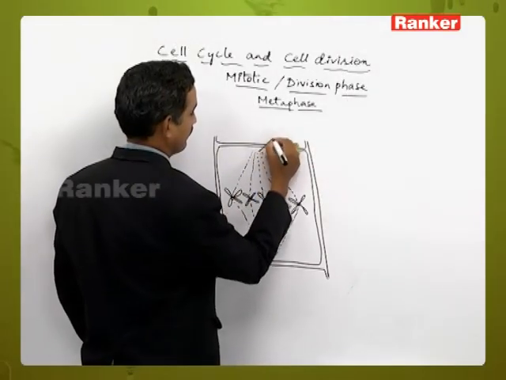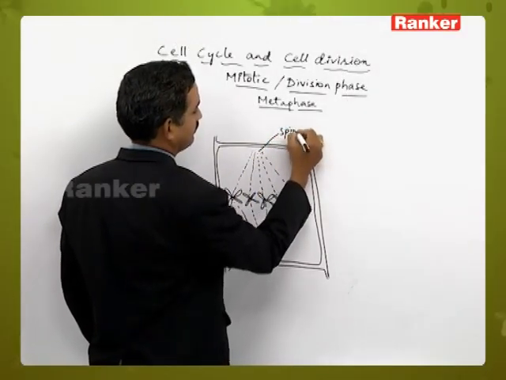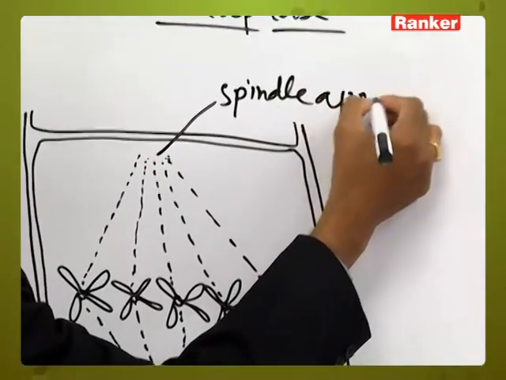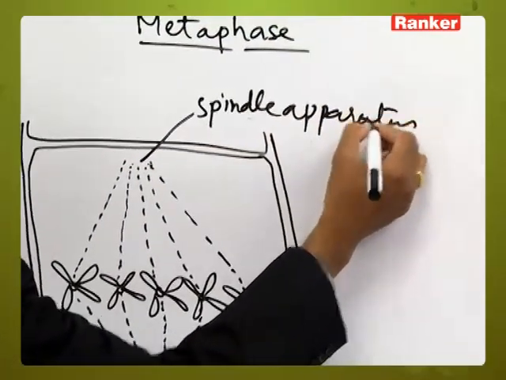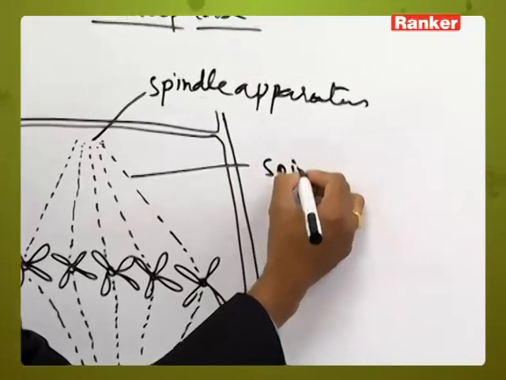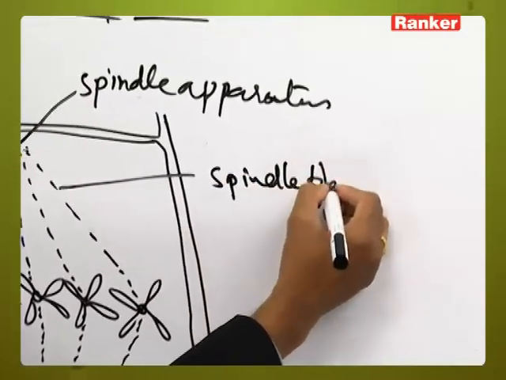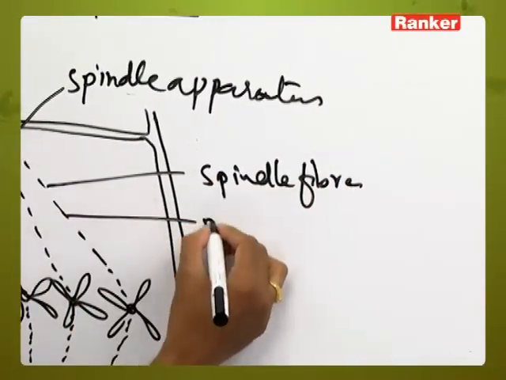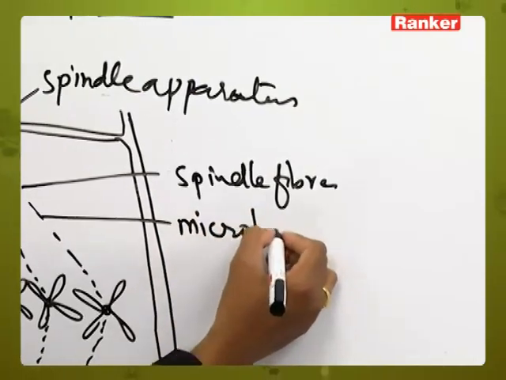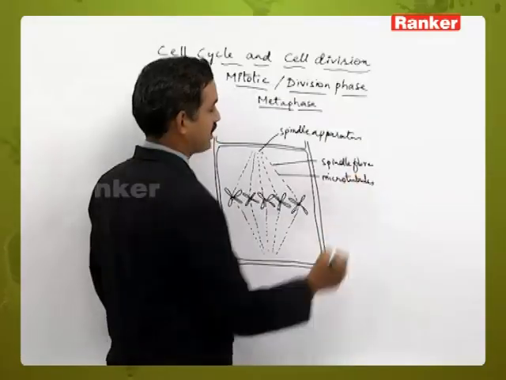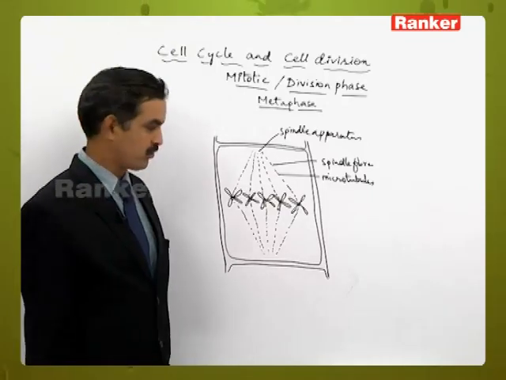So this is a spindle apparatus. The spindle fibers, and each one is a microtubule.